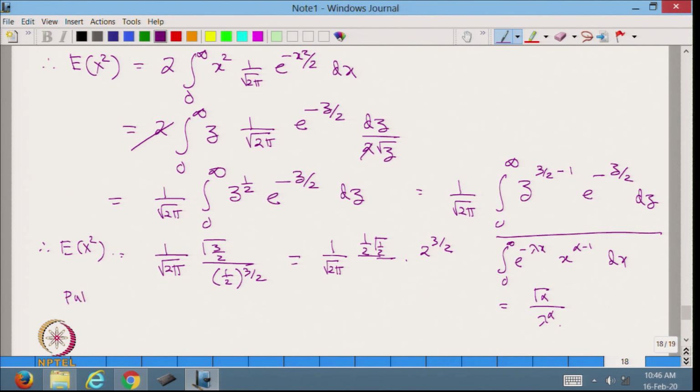Putting gamma half is equal to root pi, we have expectation of x square is equal to 1 over root 2 root pi, half root pi into 2 to the power 3 by 2, which is equal to, all the terms get cancelled, 1.